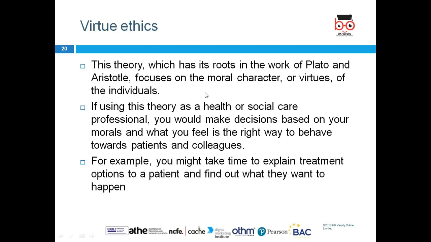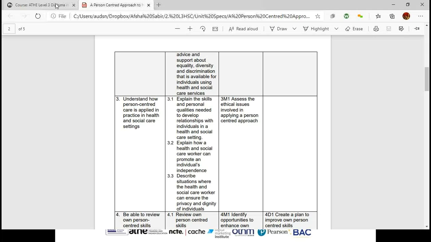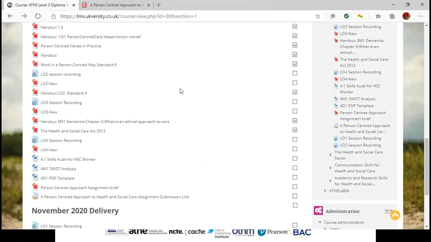All right. So I want to take you over to our learning environment, if I can find where I've put it. It's over here. I'm pretty sure I'll be logged out again. So on the person-centered approach section in our learning environment, you've got LO3 new.